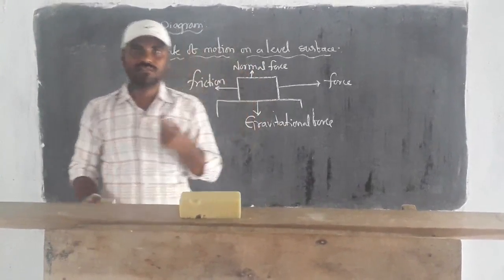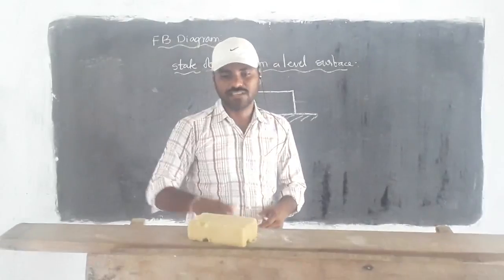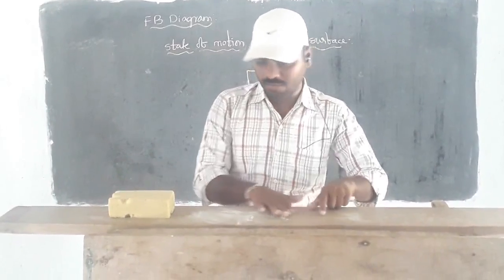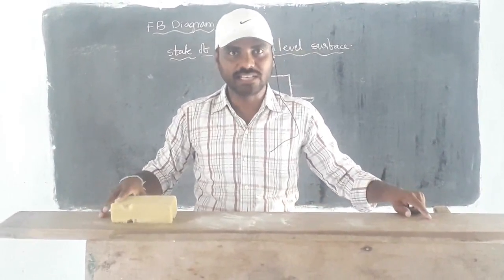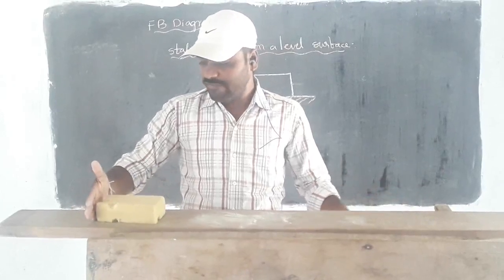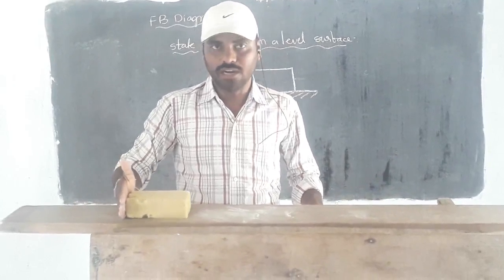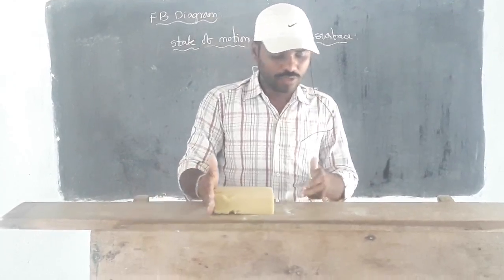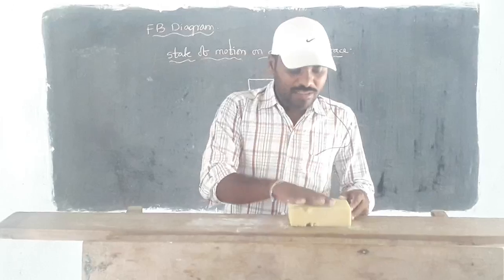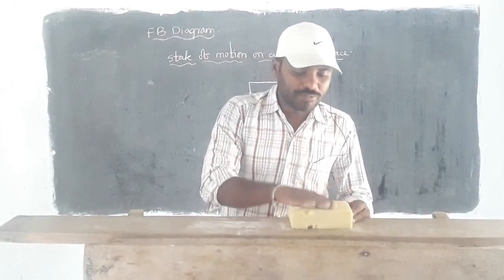Okay. We are going to take a small discussion on when an object is moving on a level surface. Whatever wooden plank is there, you consider that as the surface, and this duster you consider as the object. Then when I push this duster, it is slowly moving to my left side, right? Then what forces are acting on this particular object?